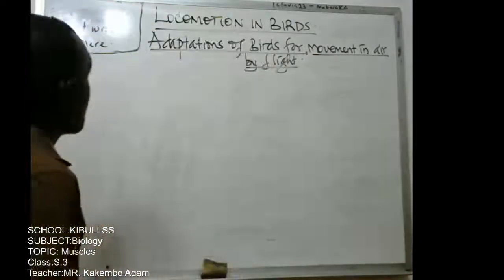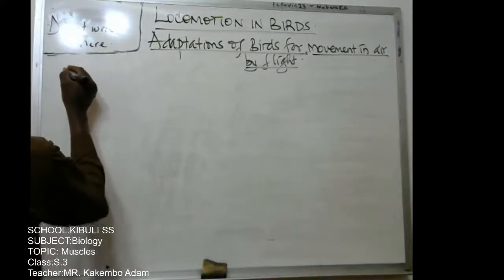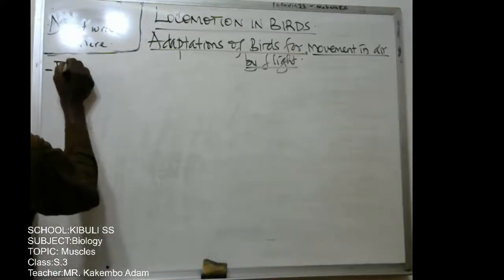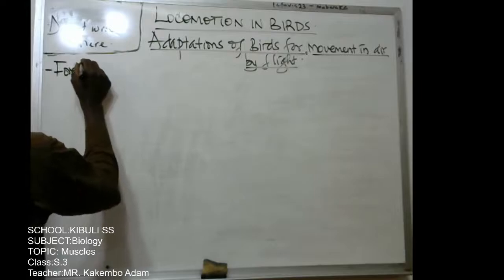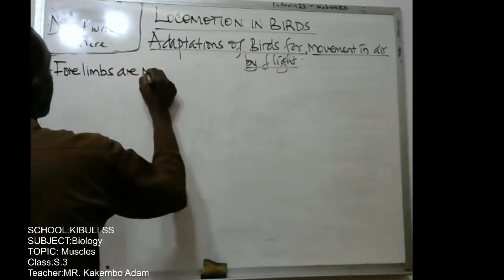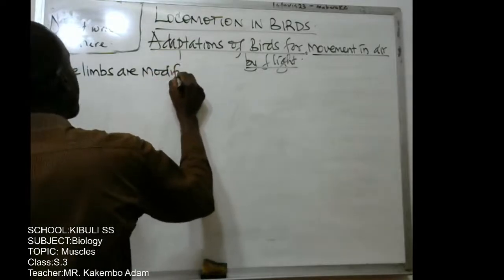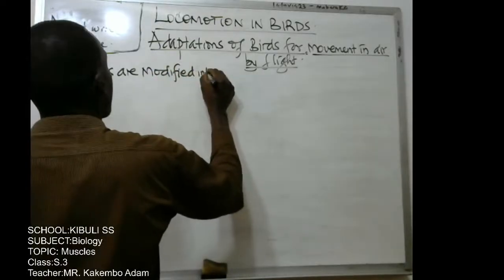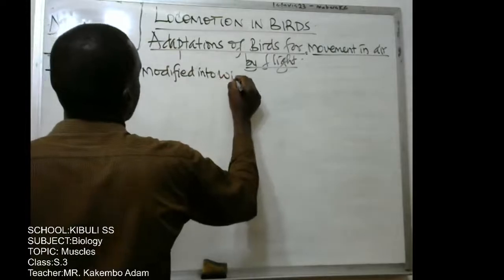So, about adaptations, you can mention one, forelimbs. The forelimbs are modified into wings.